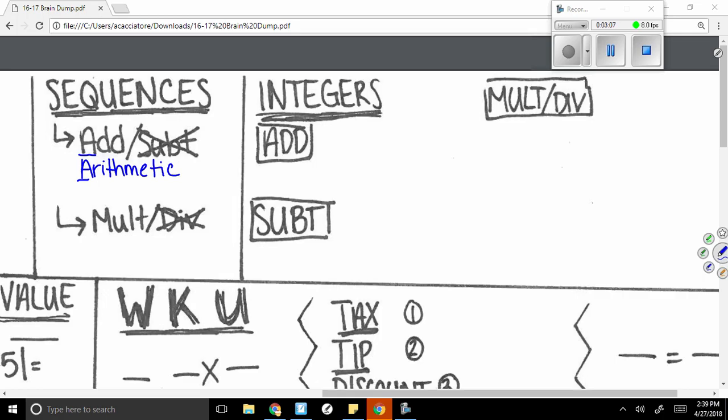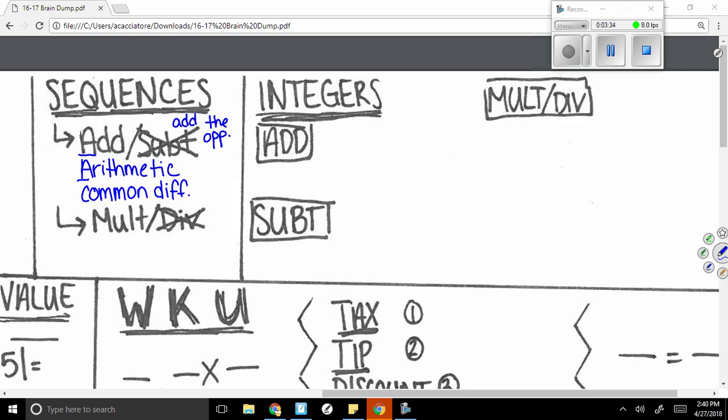There is no such thing as subtracting, and that's why I crossed it off. Remember, you can always add the opposite instead of subtracting. And we also talk about common differences with these. And I am going to shorten some things, so if you'd like to write out the entire word, that's all right.